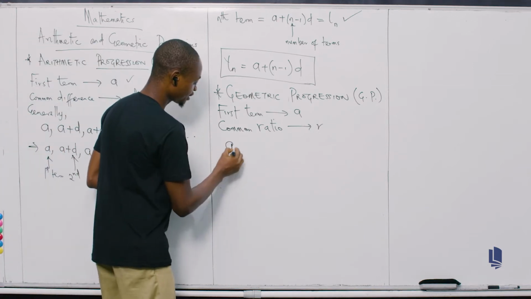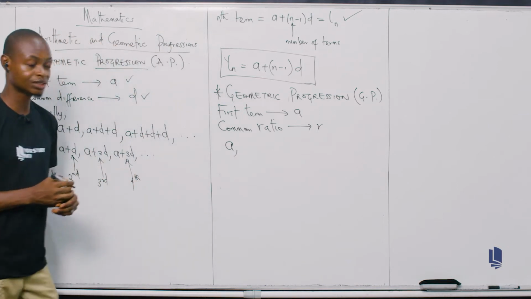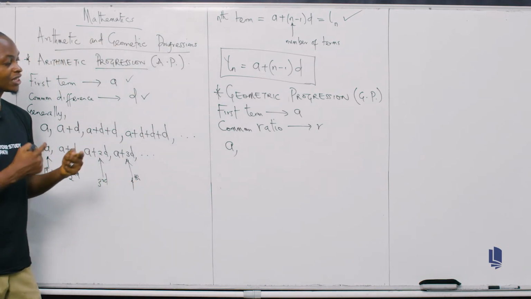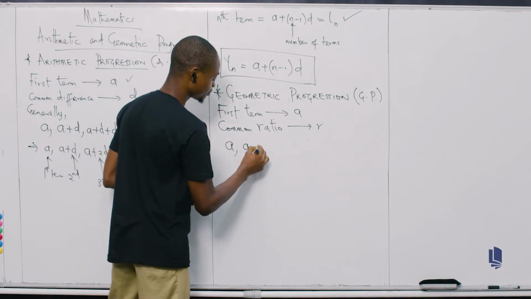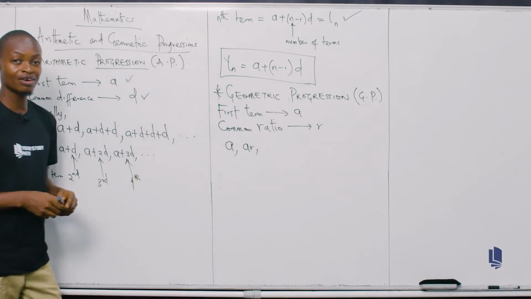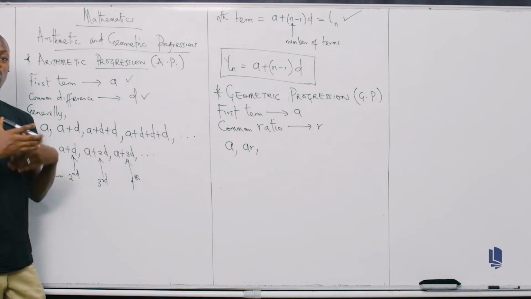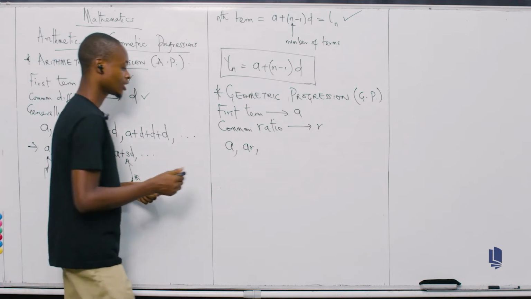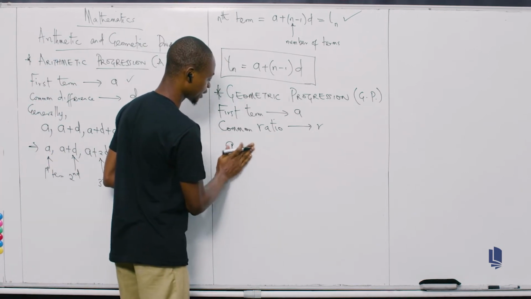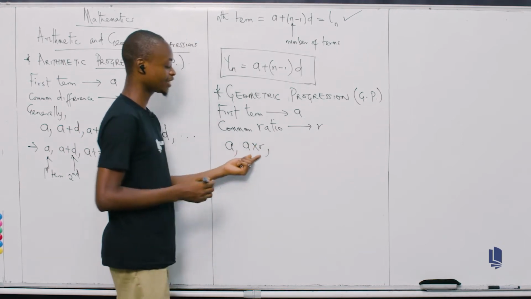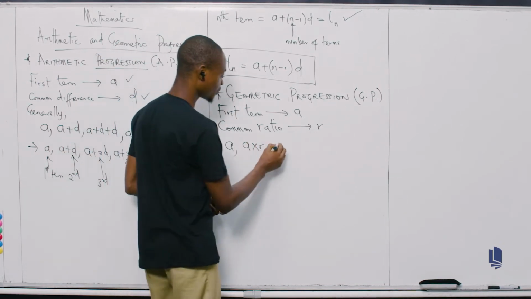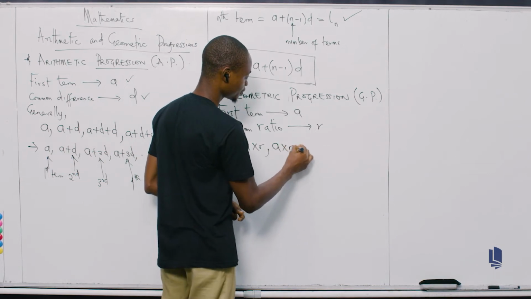If I have the first term in the sequence, whenever I multiply the first term with the common ratio, I will get the second term. Let's write it this way so it's clearer: A times R. Whenever I multiply the second term with the common ratio again, I will get the third term.